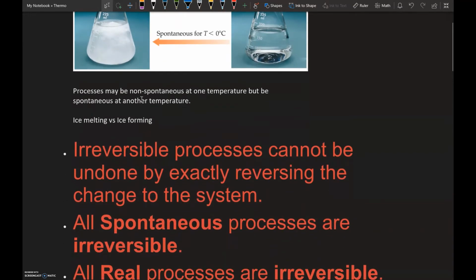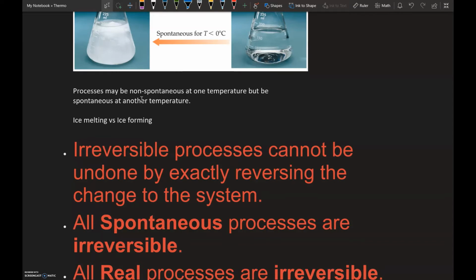Another thing we also have to talk about is irreversible. What does irreversible mean? Irreversible means that something cannot go back to its original form. A reversible example would be an equilibrium, where the reaction could go forward and it also can go in reverse.